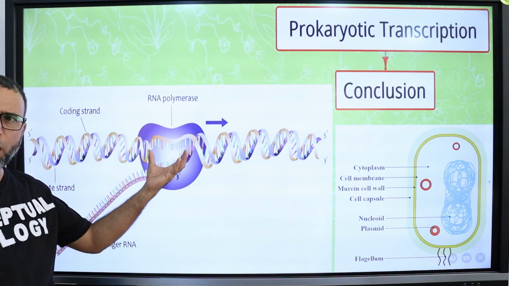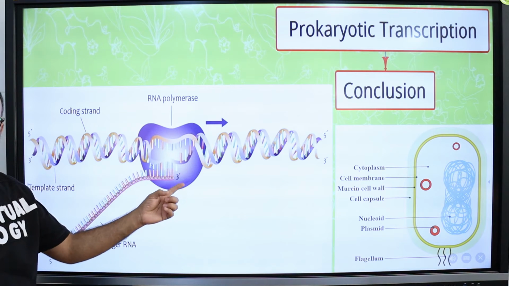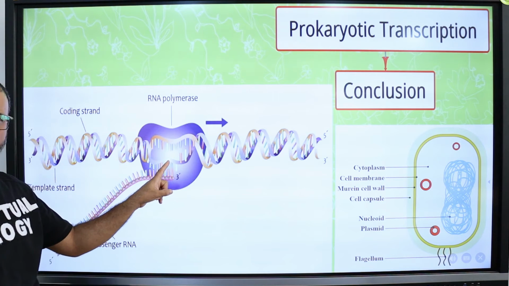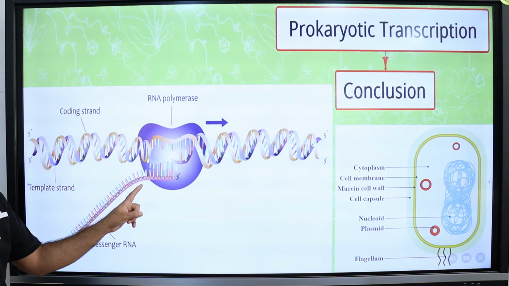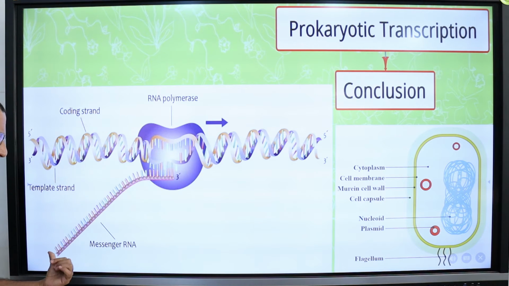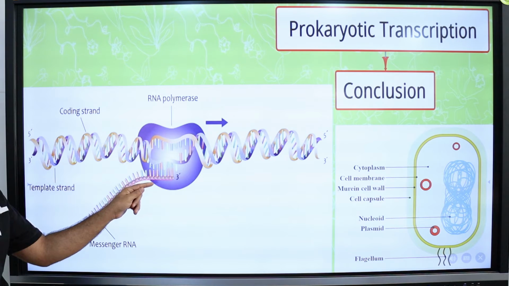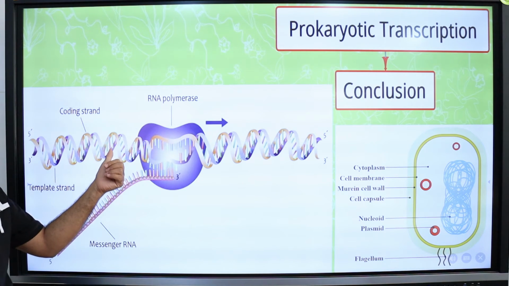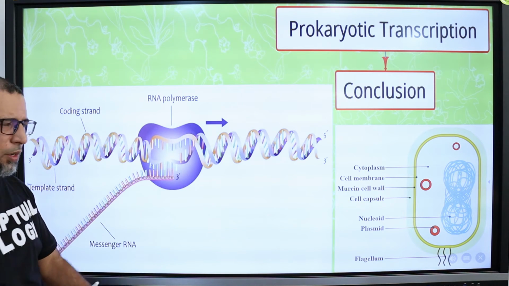The region of DNA where transcription takes place is called the transcription bubble, and transcription proceeds from the template strand of DNA and a complementary messenger RNA molecule is synthesized in the direction of 5' to 3'. One of the differences between RNA and DNA is that the thymine nucleotide is present in the DNA and the uracil nucleotide is present in messenger RNA.